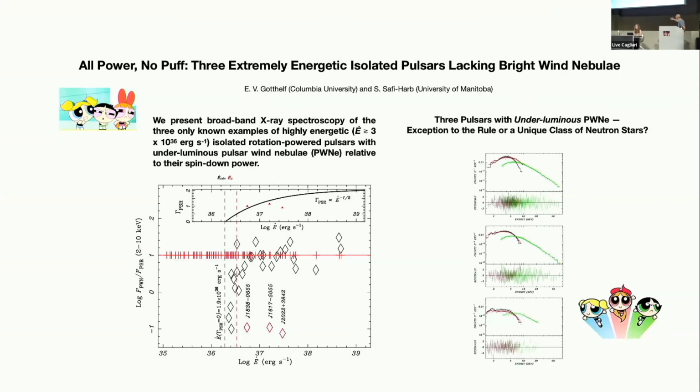And there seems to be a cutoff. I thought, okay, this is great, there's some real interesting stuff going on. But then after a while, it turns out there are 3 examples that do not follow this. I've been trying to understand why these have all this power, but no puff. We see those examples here.